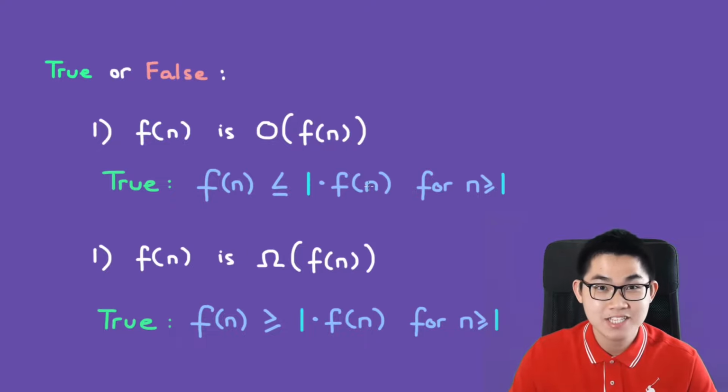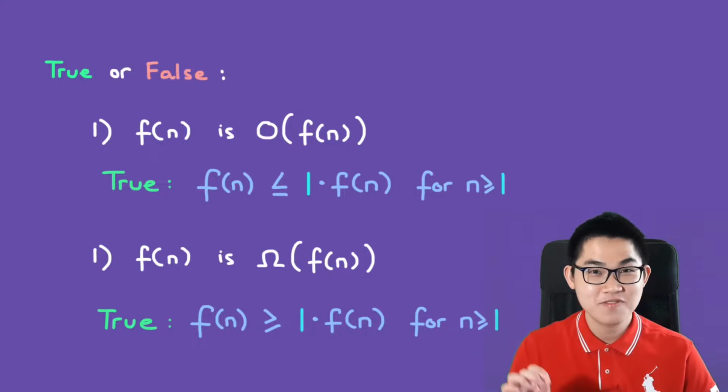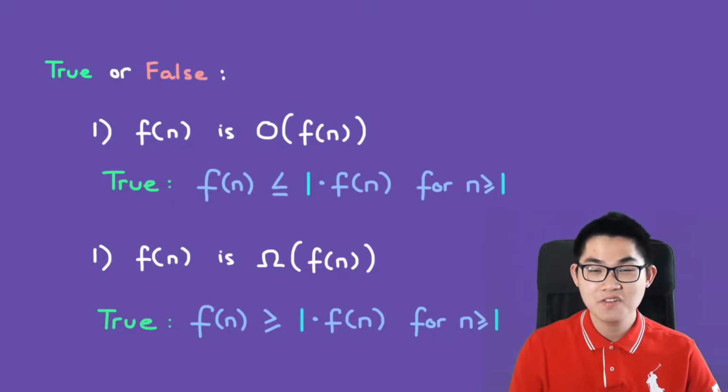So you pick c to be 1, and you can pick n naught to be 1 as well. And for this one, you also use the inequality, but this time f of n is greater than or equal to 1 times f of n. So c is equal to 1, and n naught is also equal to 1. So this is very important. f of n is both big O of itself and big omega of itself.